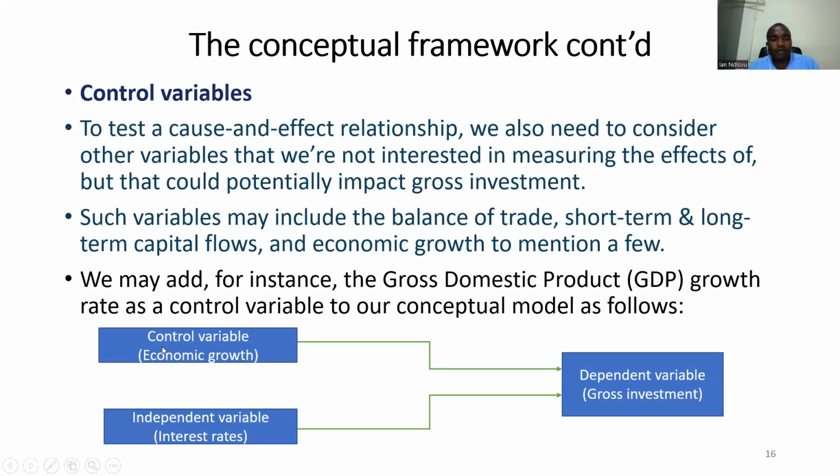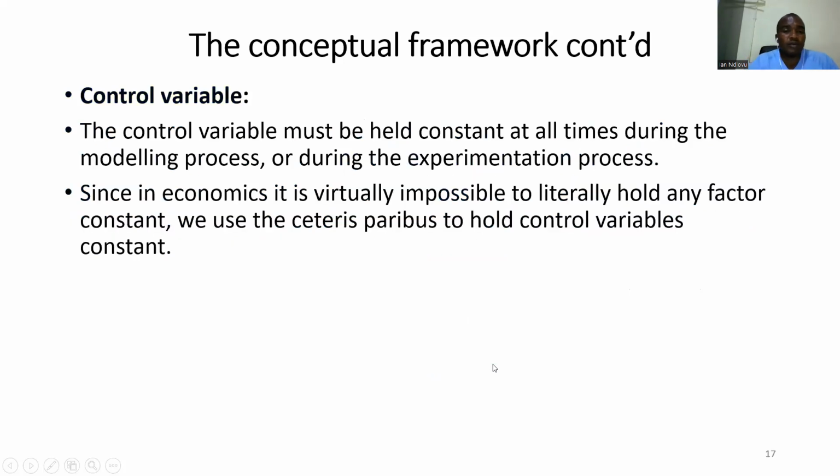As you can see from slide number 16, our control variable, economic growth, is independent from our independent variable, which is interest rates. But they work jointly, so to speak, in affecting the dependent variable, which is gross investment. When you are looking at a control variable, it must be held constant at all times during the modeling process, during the experimentation process.